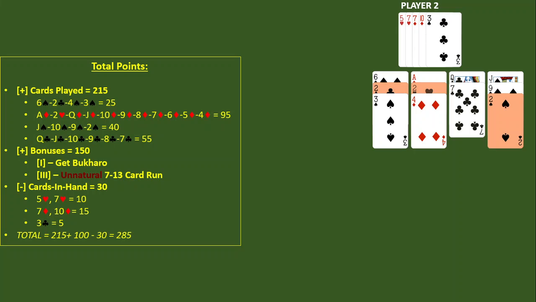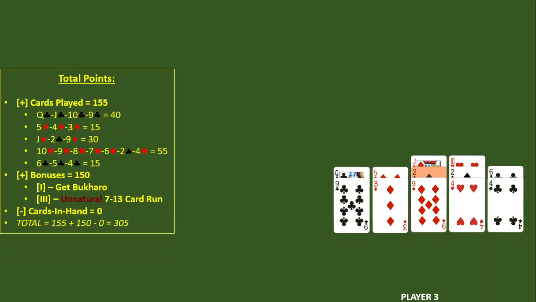In addition to those 215 points, 100 points were provided as an unnatural 7 to 13 card run, and another 50 points were added because player 2 collected Bukharo. Remaining cards in hand, 5 cards, but they didn't add up to a significant penalty for player 2, only 30 points. So player two's total score is 215 plus 100 minus 30, which is 285 points.